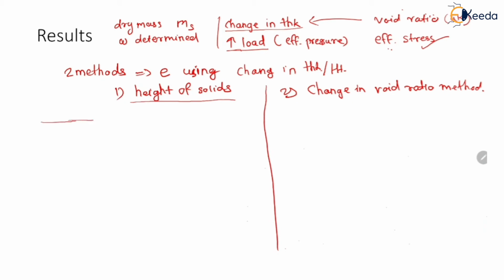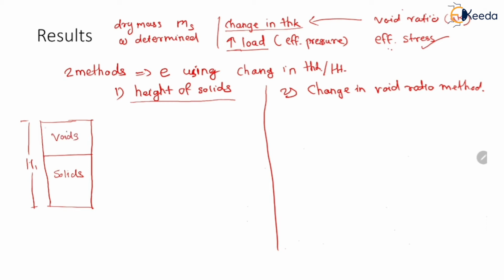Now let us consider this soil mass at the beginning of the experiment. So H1 is the initial height of the soil sample. These are solids, these are voids.